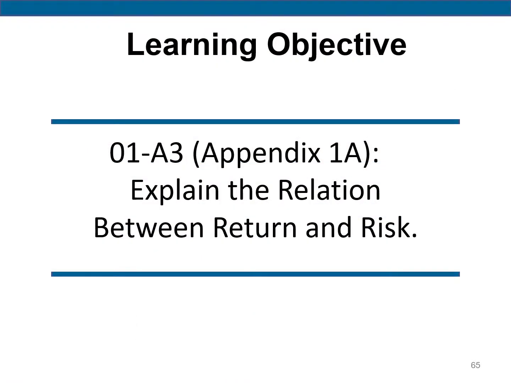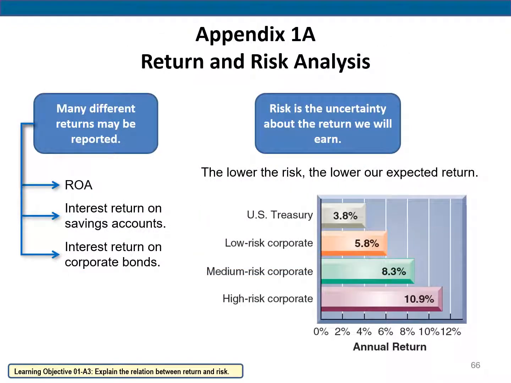Okay, so in Appendix 1A of Chapter 1, they go through an explanation of the relationship between return and risk. Net income is often linked to return. Return on assets is stated as a ratio in the form of income divided by assets invested. For example, banks report return from a savings account in the form of interest returns such as 4%.